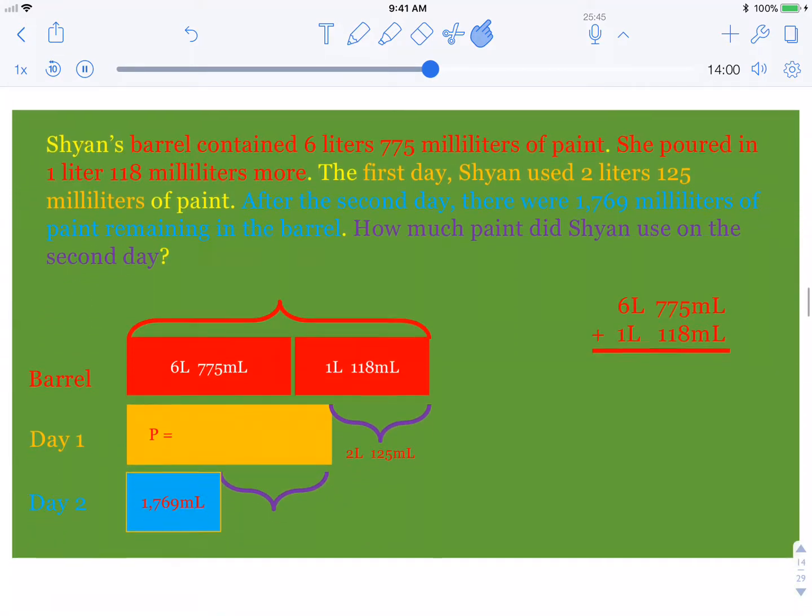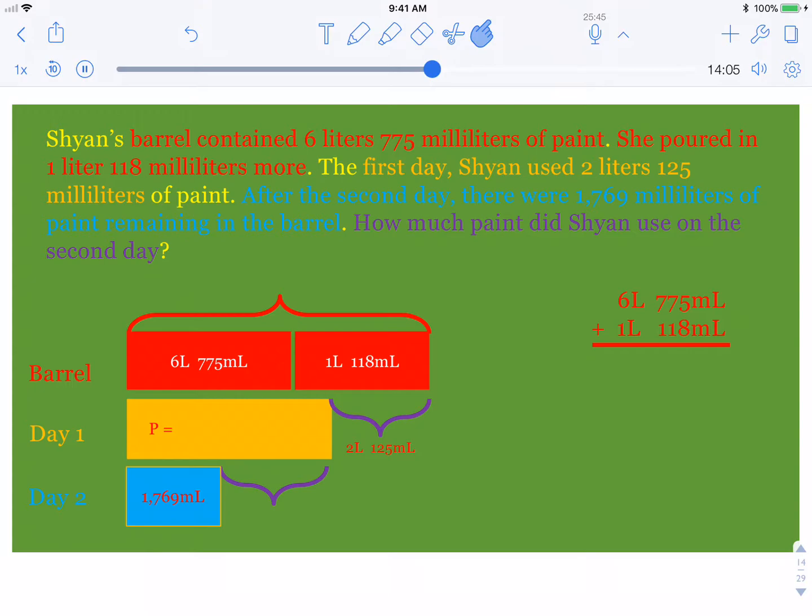So her barrel contained 6 liters, 775 milliliters of paint. We know exactly how much paint she had to begin with, right? But she added 1 liter, 118 milliliters more. There's that more again. So that means I'm going to take that bar and add it together. So I have milliliters.